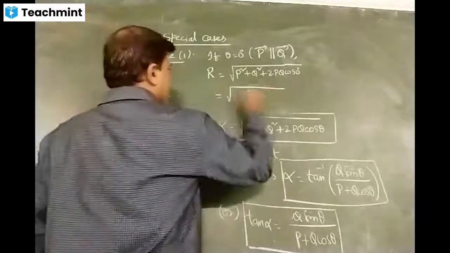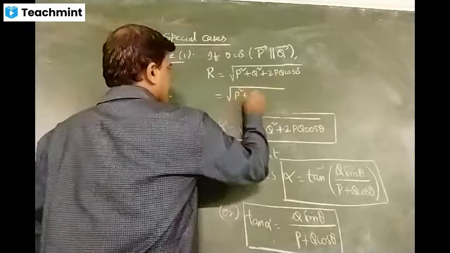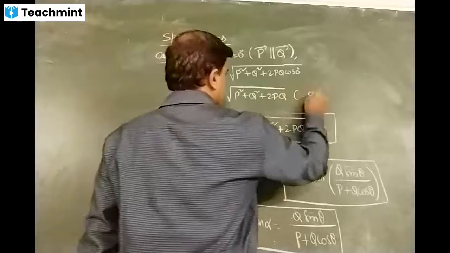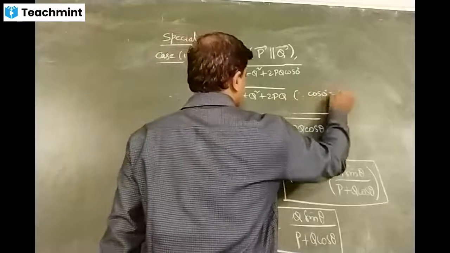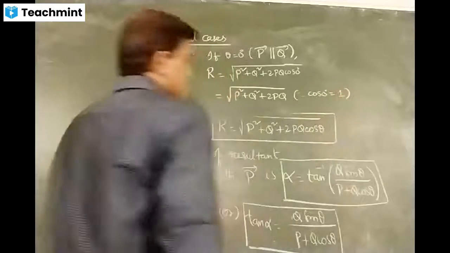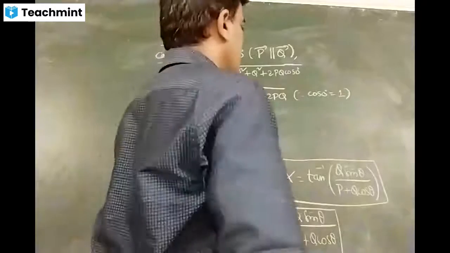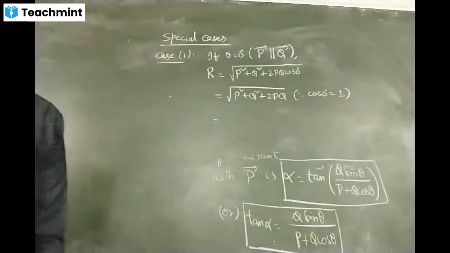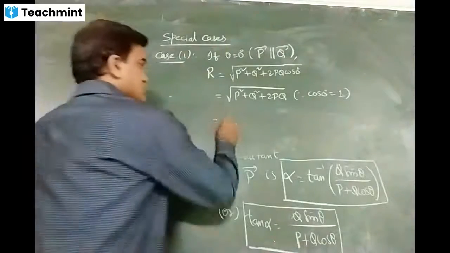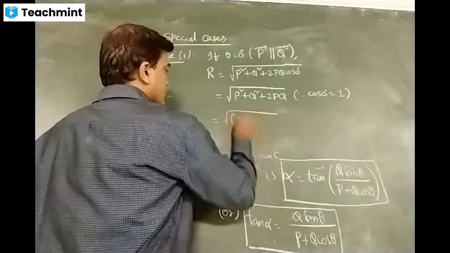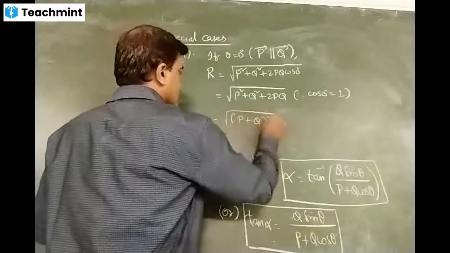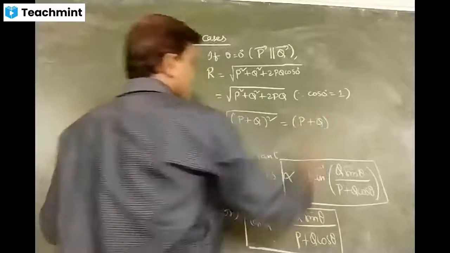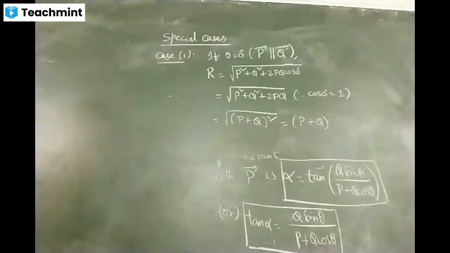So we will get P square plus Q square plus 2PQ. This is in the form of a square plus b square plus 2ab under root, so it can be written as root over P plus Q whole square.